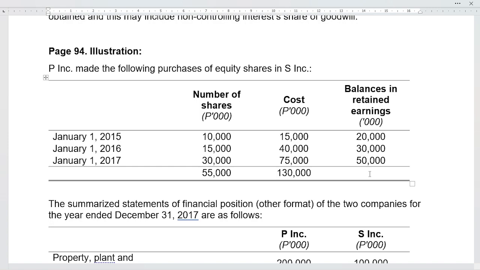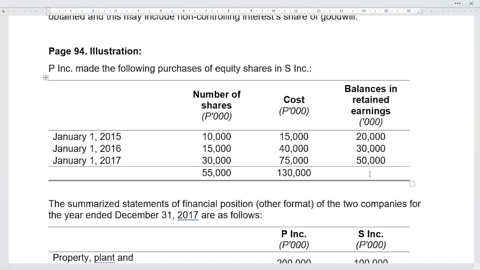Okay? As of December 31, 2017, kasi noong January 1, 2017, 55% na si P. So 55% ng 30,000, pwede mong i-allocate yung 16,500 kay P.